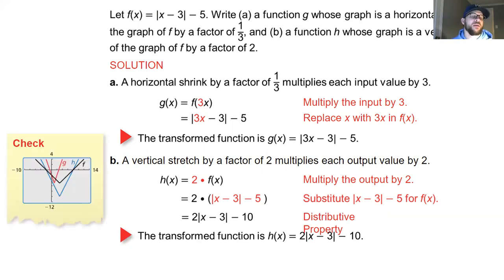And here's what they would look like. So your black f function is |x - 3| - 5. Your g is that horizontal shrink, and your h is the vertical stretch.